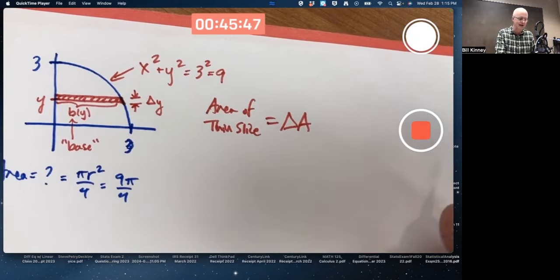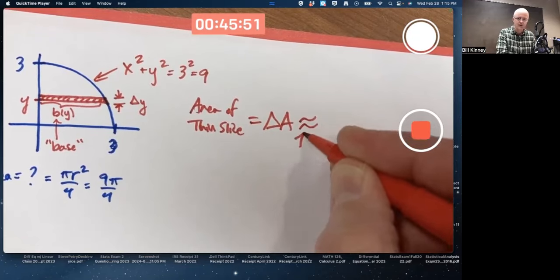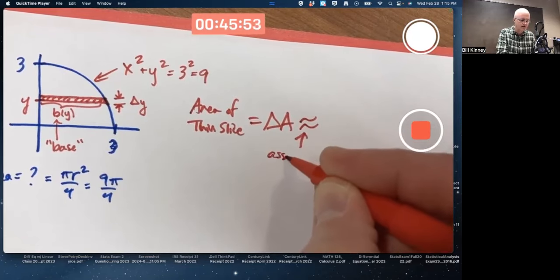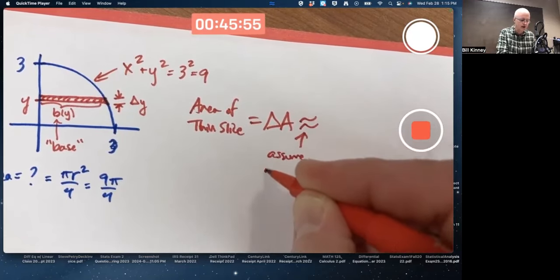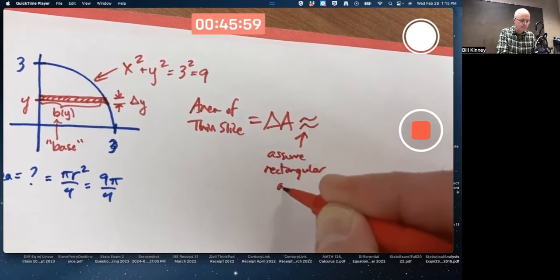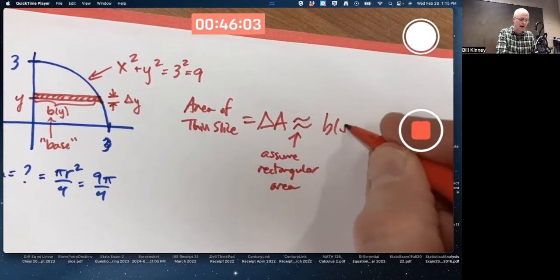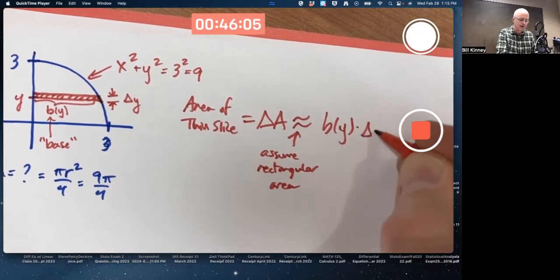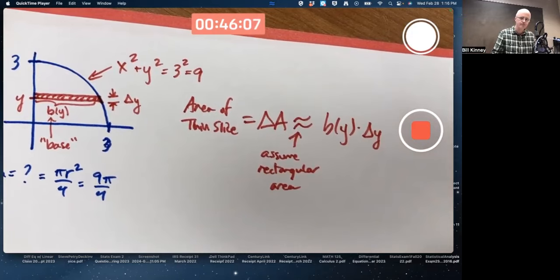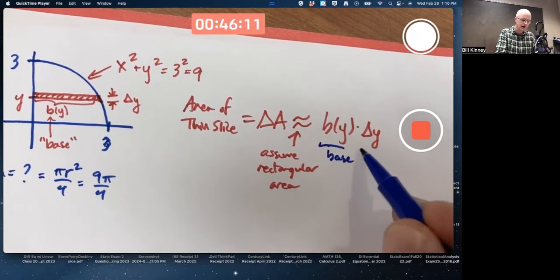Maybe we should call it delta A. Our approximate equation, assuming rectangular area, is that that's base times height, b of y times delta y.